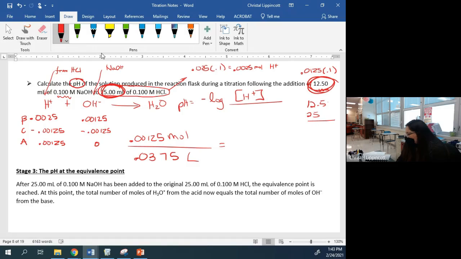So when I divide these out, my molarity is 0.0333. That's my molarity of H+. But they didn't ask that. They want to know my pH. The negative log of this value, then, will give me pH at this point.